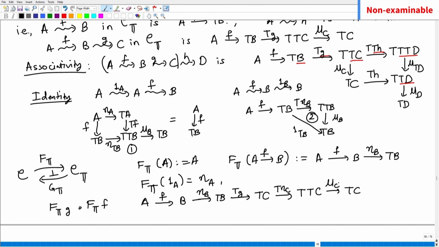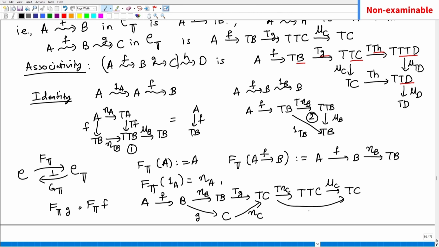That's our composition. Okay, then observe that from here we can change it. We can find this commutative square over here. What should I put here? Just C. And here I will have G, and what will I have here? Eta sub C. Okay. Then tell me, what is mu C composed with T eta C?